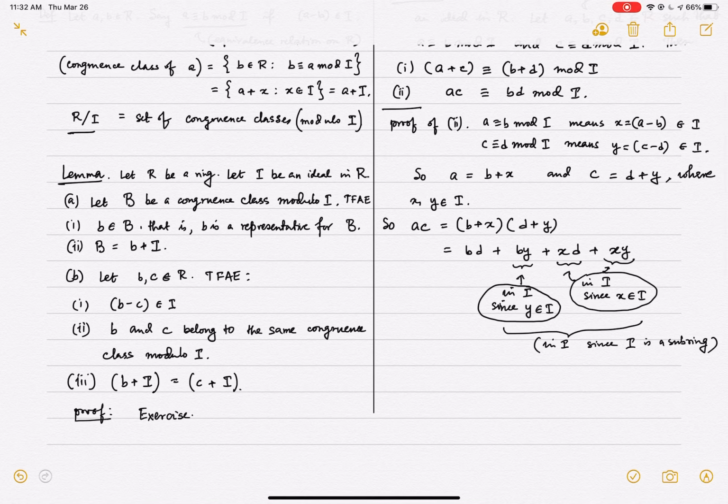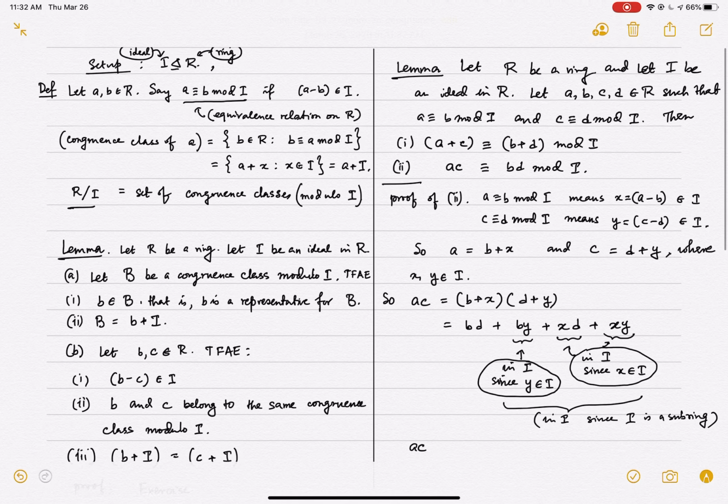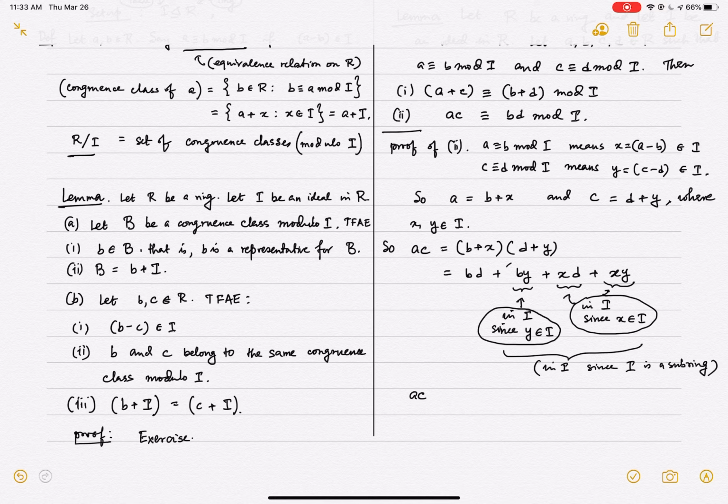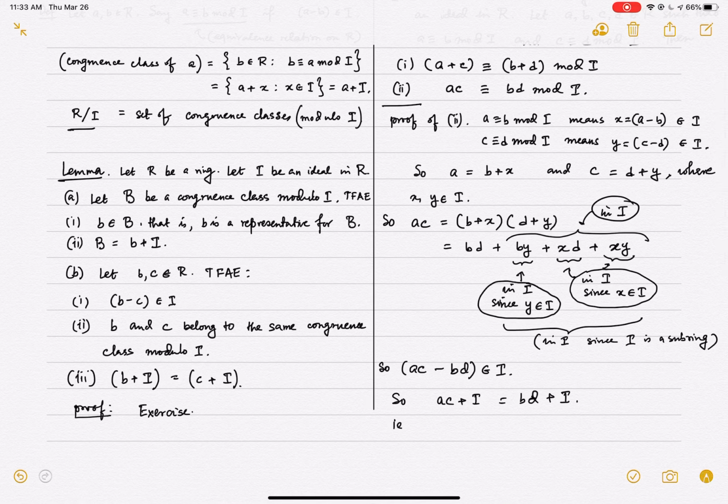So what did we get? We got that ac is equal to bd plus some stuff that's in I. In other words, ac minus bd is in I. But that just means, by the previous lemma, ac plus I is bd plus I. That is, ac is congruent to bd mod I. Yeah, I suppose I don't even need to say this.